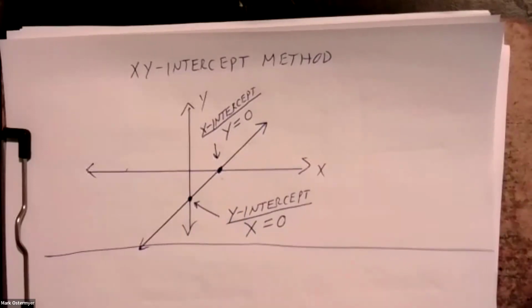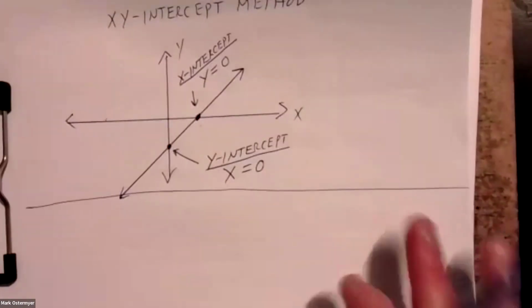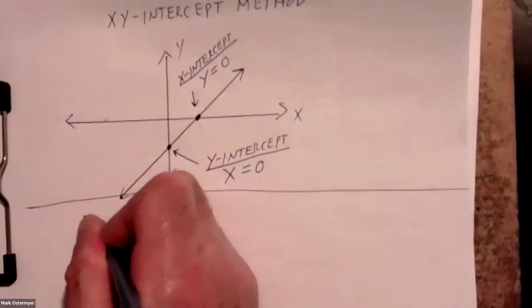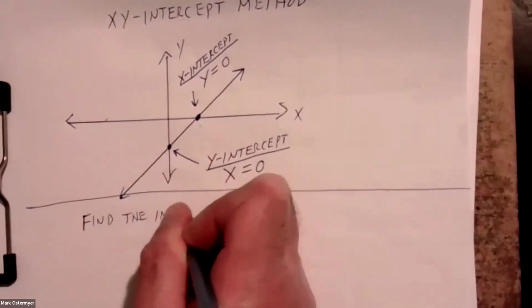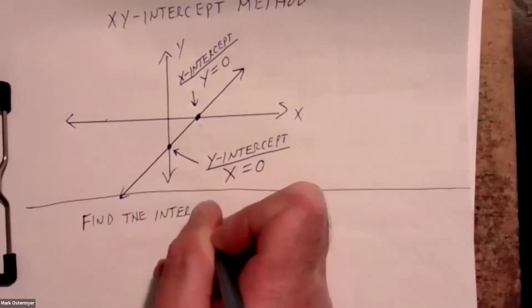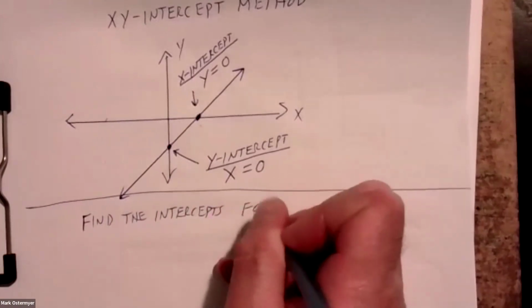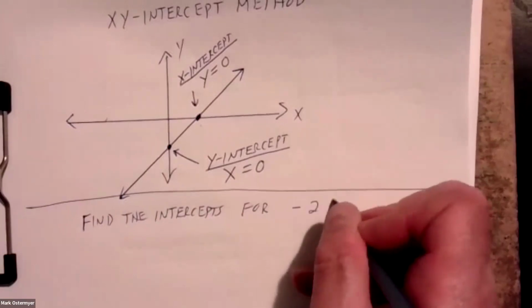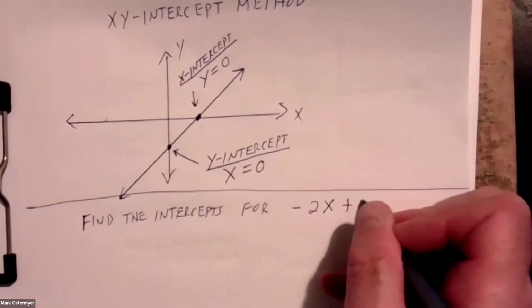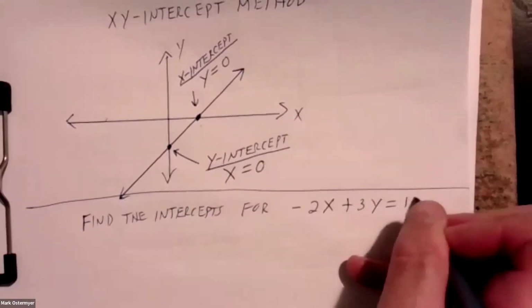All right, let's try one out. Let's try to find the intercepts for this linear equation, negative 2x plus 3y is equal to 12.